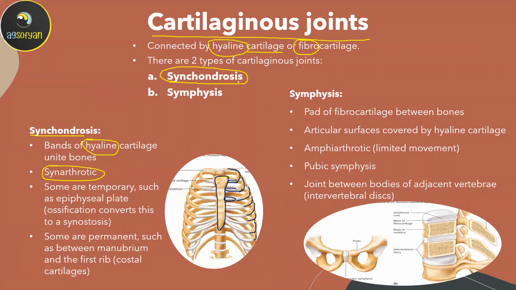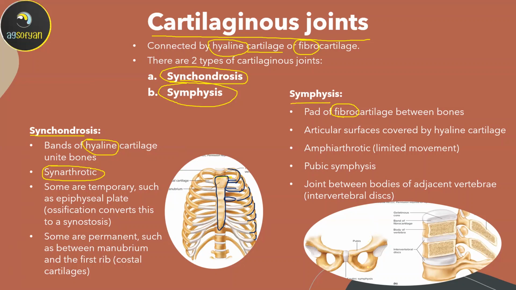The second type of cartilaginous joint is the symphysis. This is the one that has fibrocartilage, which is the strongest type of cartilage. We have two places that have this symphysis.